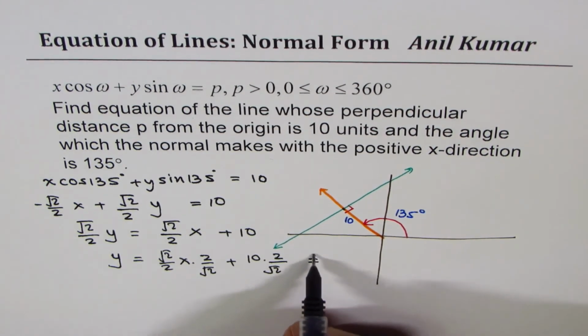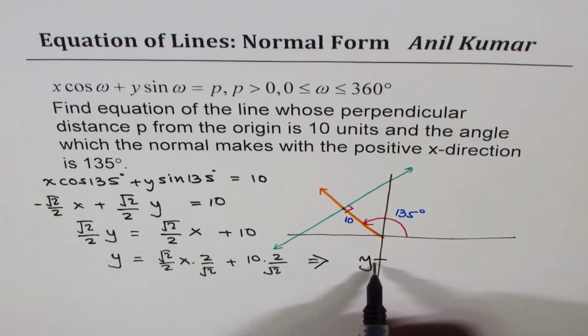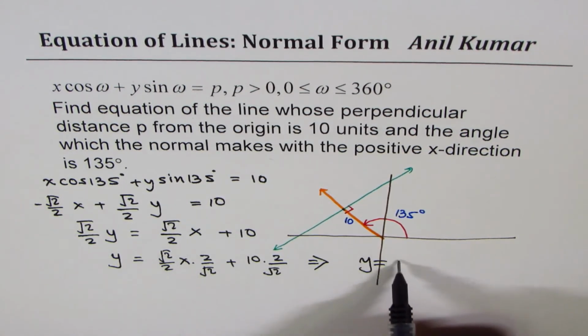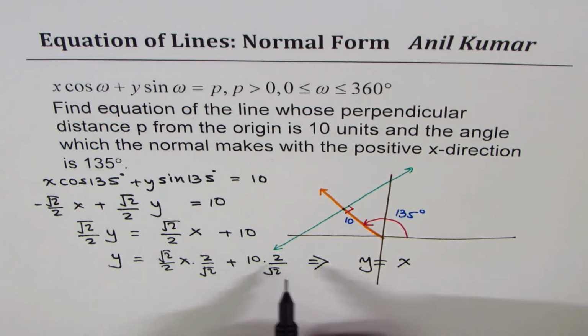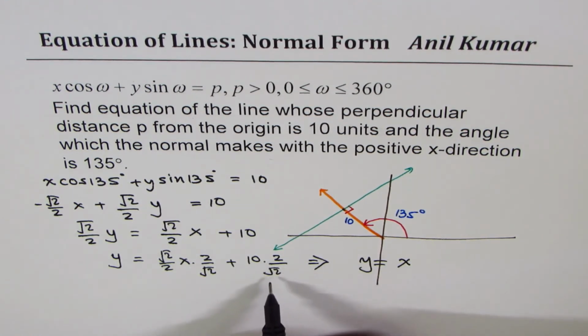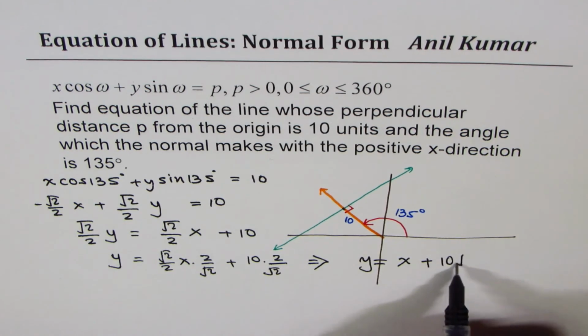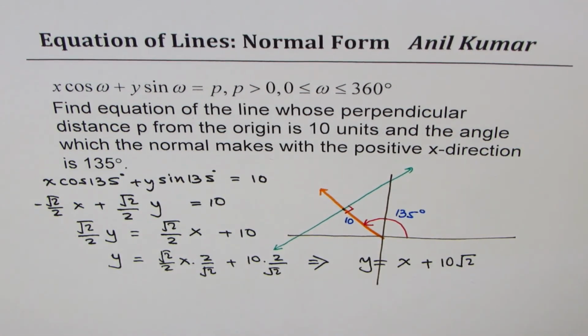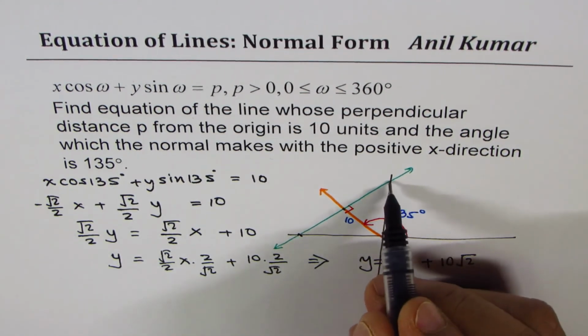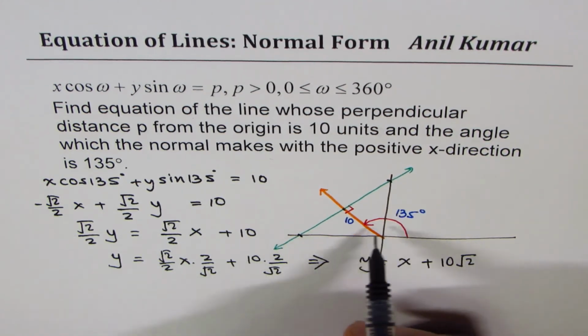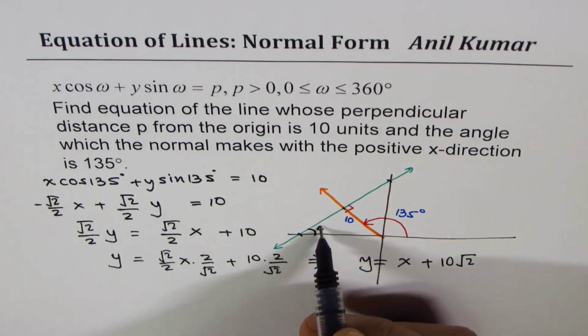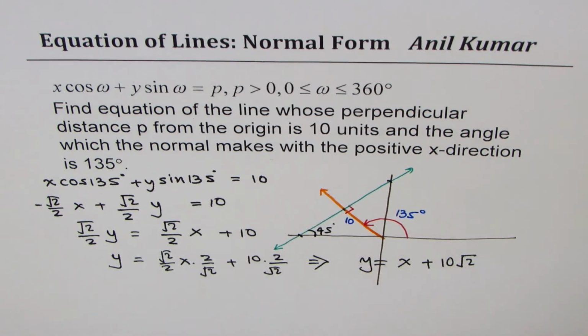So that gives you the equation as y equals to x plus 5 square root 2. Is that okay? So we can get the slope of the line is 1, right? Since the angle is 135, that makes this angle 45 degrees, and the slope of the line is 1.